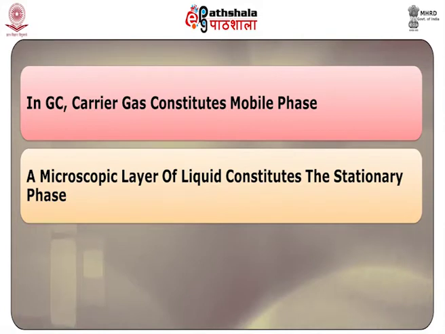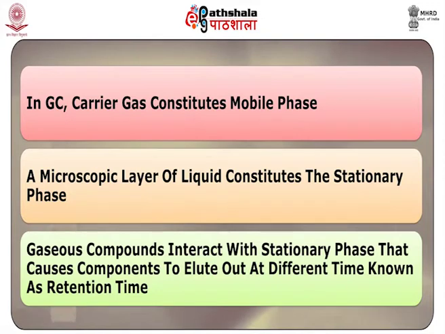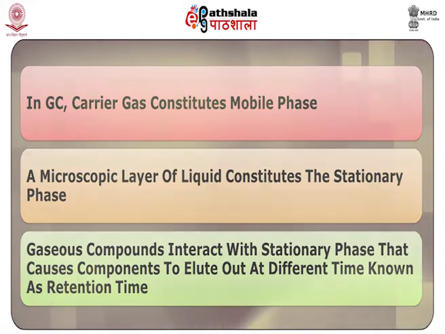A microscopic layer of liquid present on metal or glass beads constitutes the stationary phase. Gaseous compounds under analysis interact with the stationary phase, which causes each component to elute out of the column at a different time, which is called the retention time of that component.